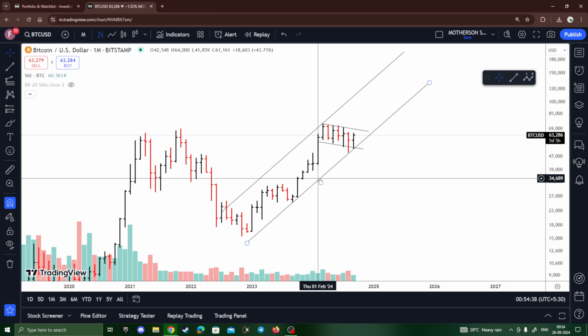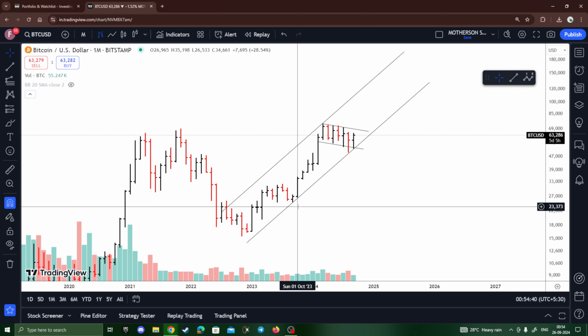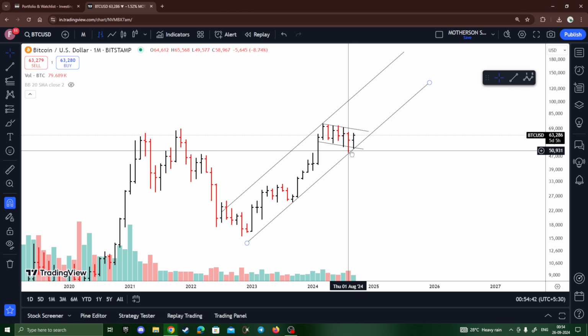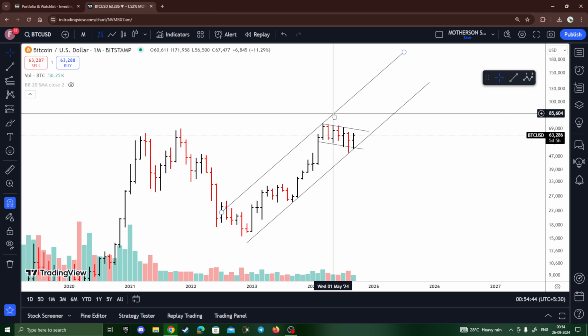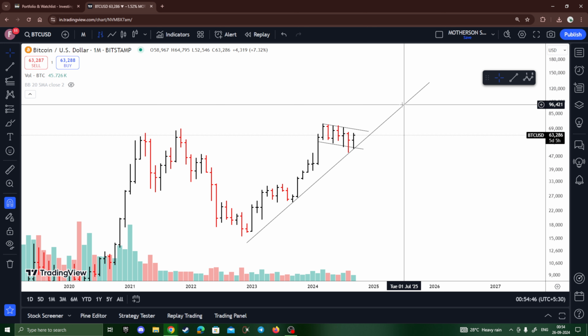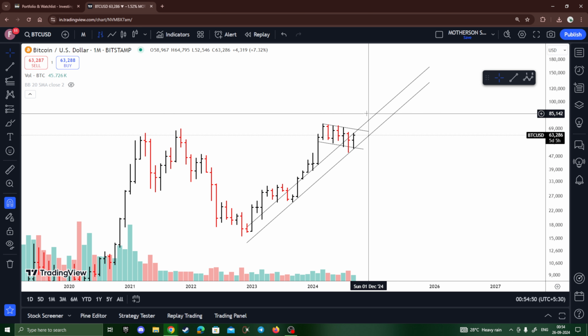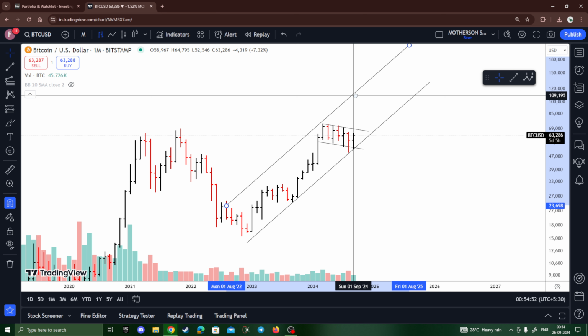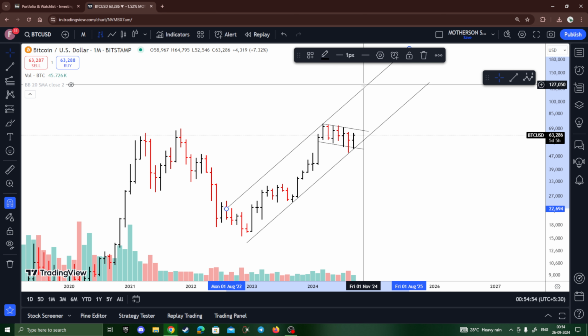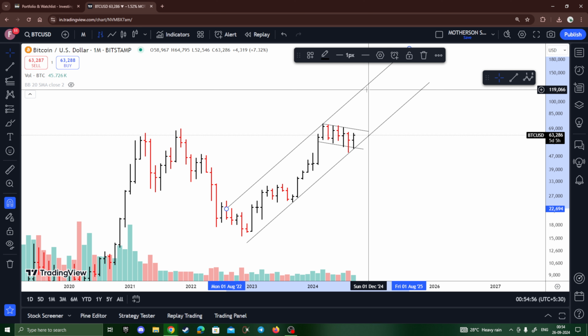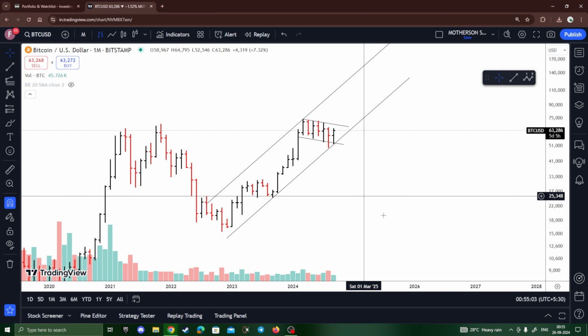I've used this trend line by plotting the lows of wave B and wave D, and I would have to duplicate it, or clone it and add it up to the top of wave C. So let's do that. Then I get a target which comes somewhere around this area of, I think, 1 lakh to 1,20,000 zone, depending on how fast or how slow the move goes.